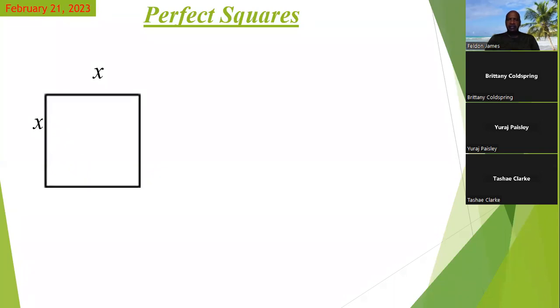Because the area of a square, anybody know what the area of a square is? Ms. Clark, do you know the formula for the area of a square? Sir, to be honest, I don't remember. Okay.